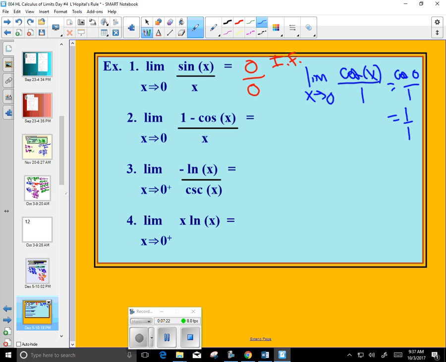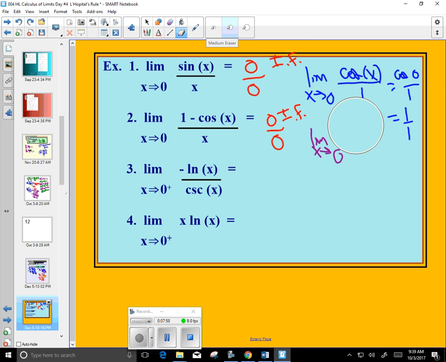You try these three. So for number 2 here, limit as x approaches 0. When I put a 0 in, I get 1 minus the cosine of 0 over 0. What's 1 minus 1? 0. So it's 0 over 0, which is an indeterminate form. And I write the letters IF, because you have to. Then I write the limit as x approaches 0 of the derivative of 1 minus cosine.